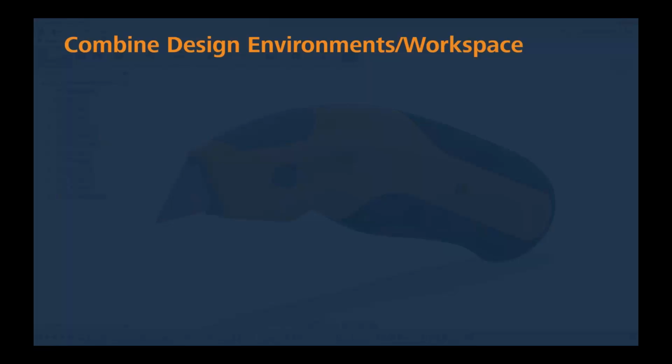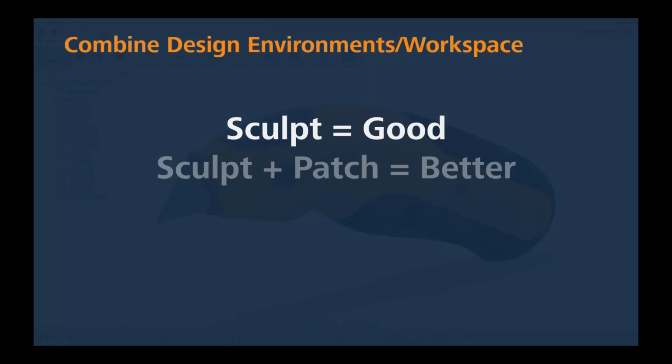with the Sculpt tools embedded, because Sculpt by itself is good, but it can be a complicated process if you've got to incorporate multiple tools to get there. If we've got sculpt and patch, that means we have the ability to sculpt our parts and use the patch tools that enable us to create advanced surfaces and very precise surfaces.